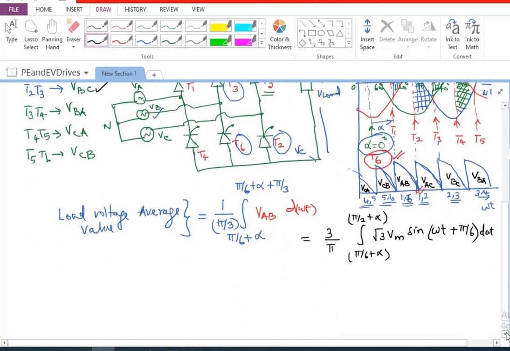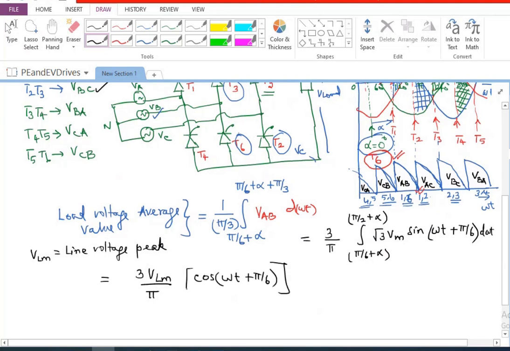This is going to be the expression that needs to be integrated. So this will come out to be 3 root 3 Vm. Instead of root 3 Vm, we can write 3 VLM by pi, where VLM is the line voltage peak. So 3 VLM by pi, and this is sine omega t plus pi by 6. So I can write that as cosine omega t plus pi by 6.